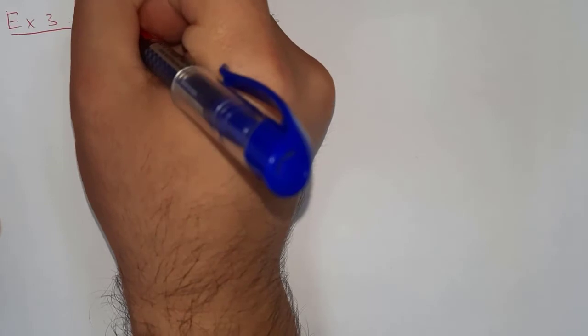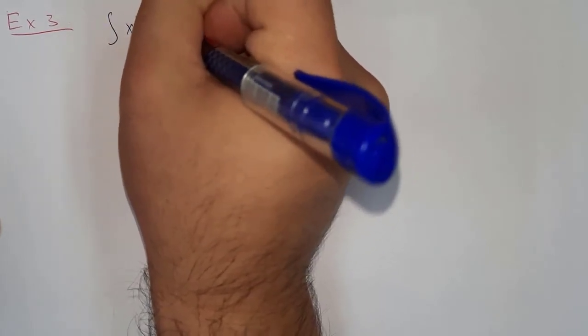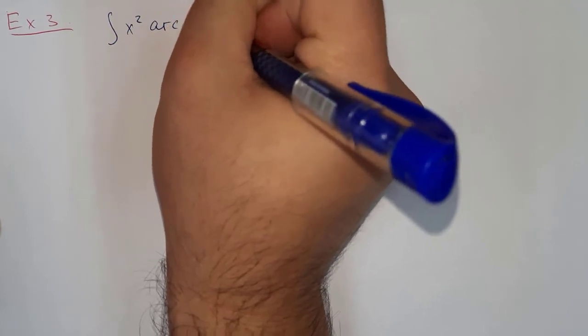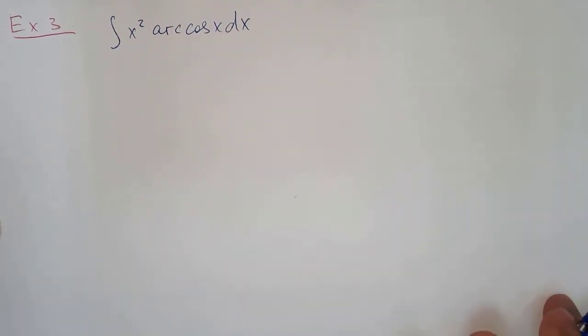And let's do the next example. Find the integral of x squared arc cosine x dx. We'll do it with the method of integration by parts.